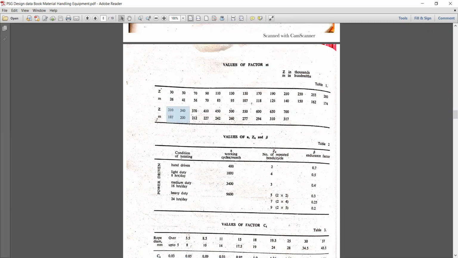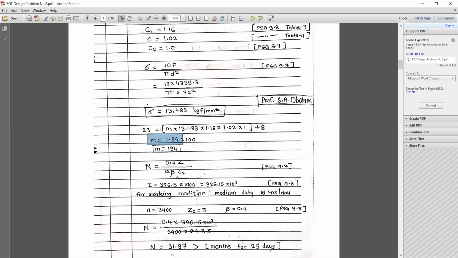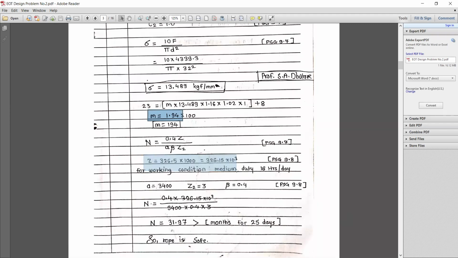It is in between 187 and 200. So with the interpolation method, I have calculated the value of z, that is equal to 326.5, and because this value is in thousands, it is multiplied by 1000.